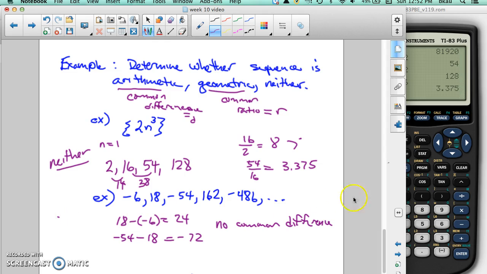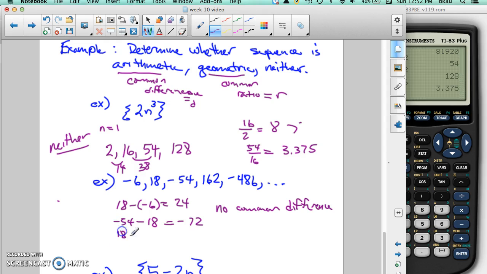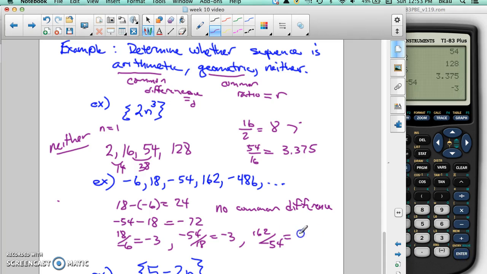We take 18 divided by negative 6, we get negative 3. We take negative 54 divided by 18, we get negative 3. We take 162 divided by negative 54, we get negative 3. So it looks like there's a common ratio here. So this tells me that it's geometric.